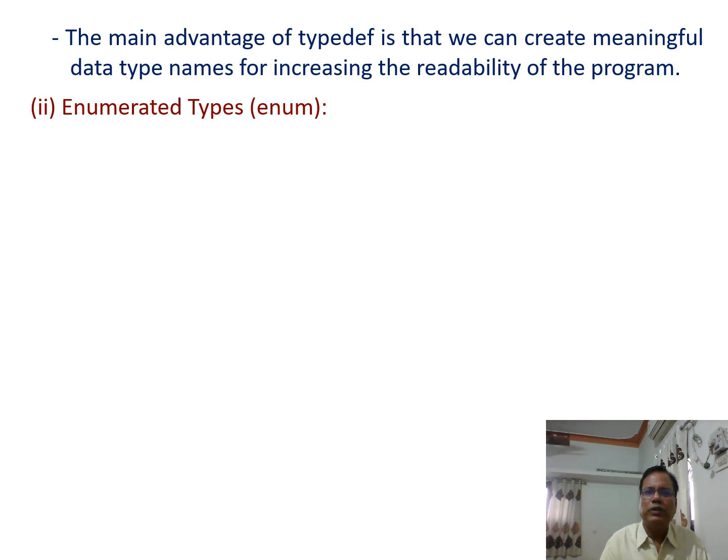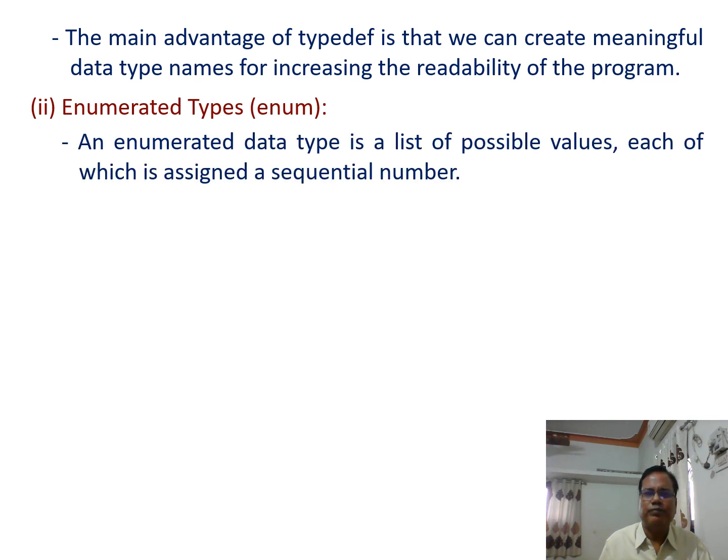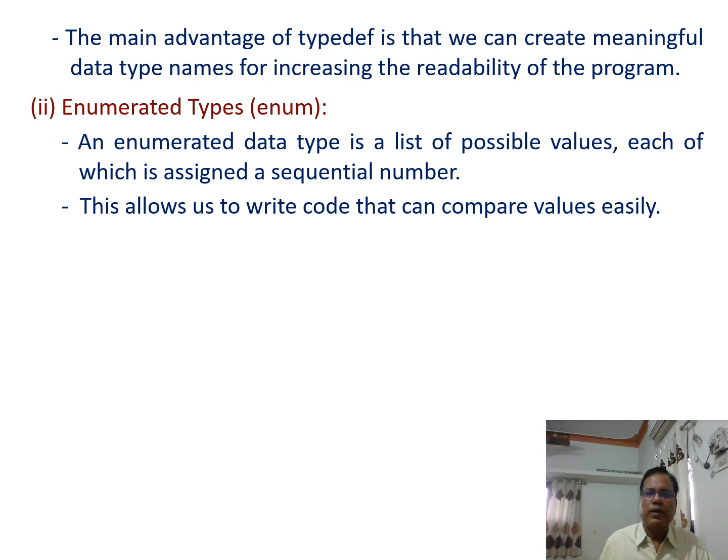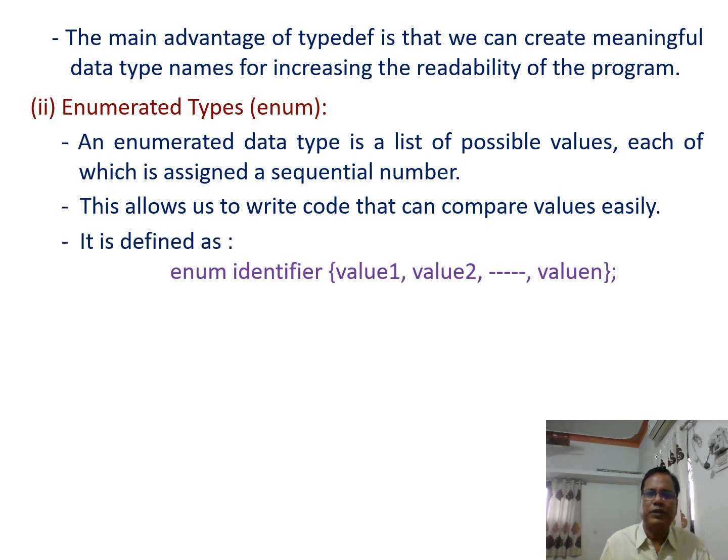The second way of declaring a user defined data type is enumerated types, using the keyword enum. An enumerated data type is a list of possible values, each of which is assigned a sequential number. This allows us to write code that can compare values easily.